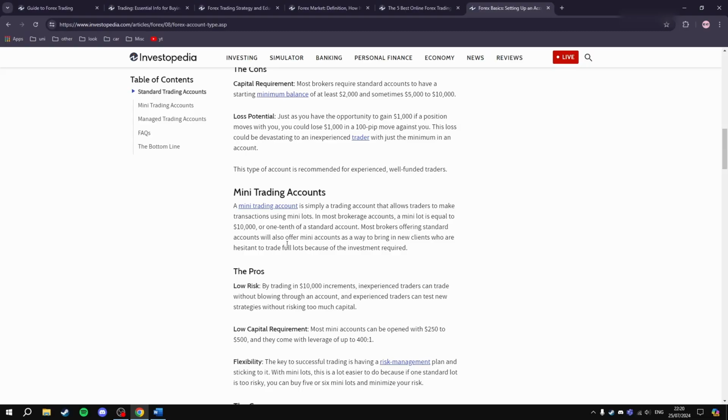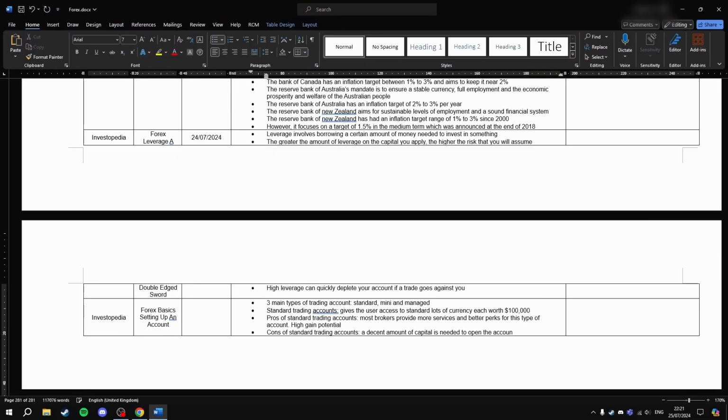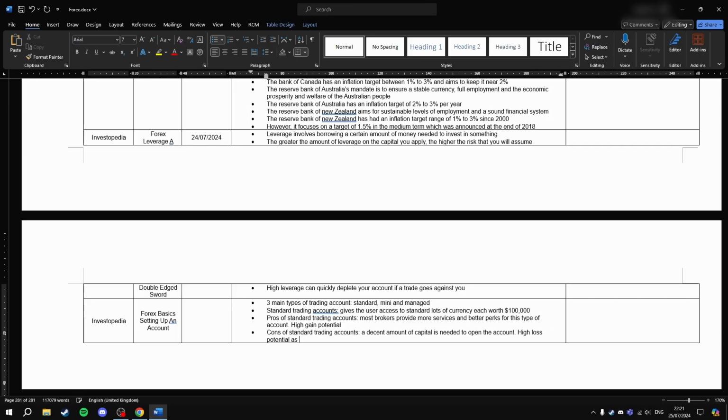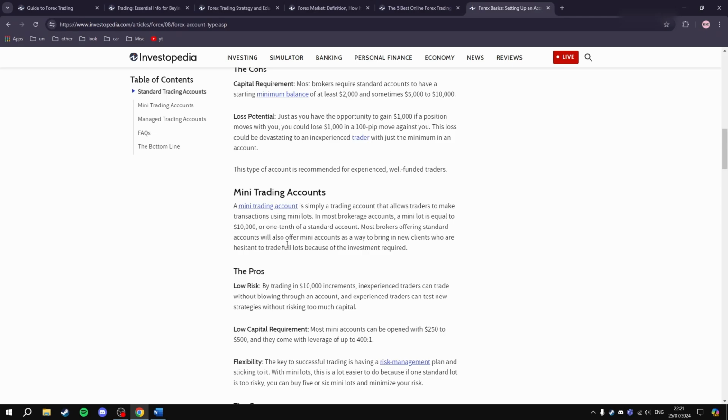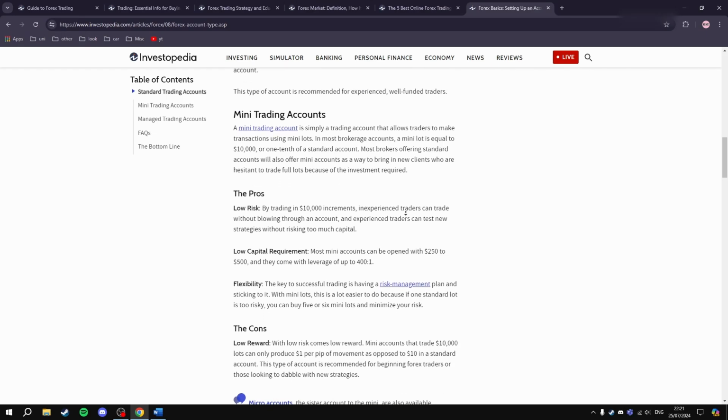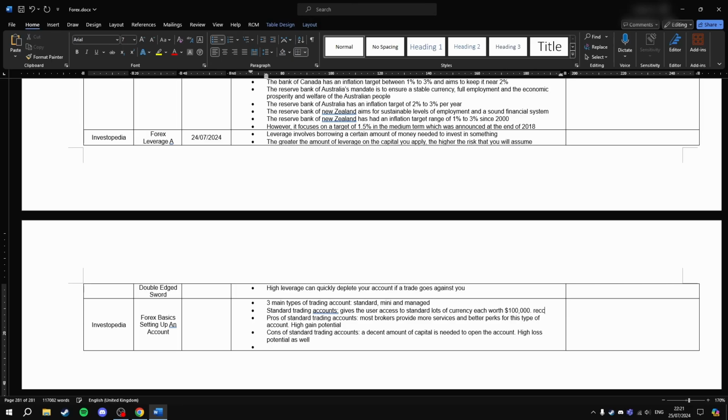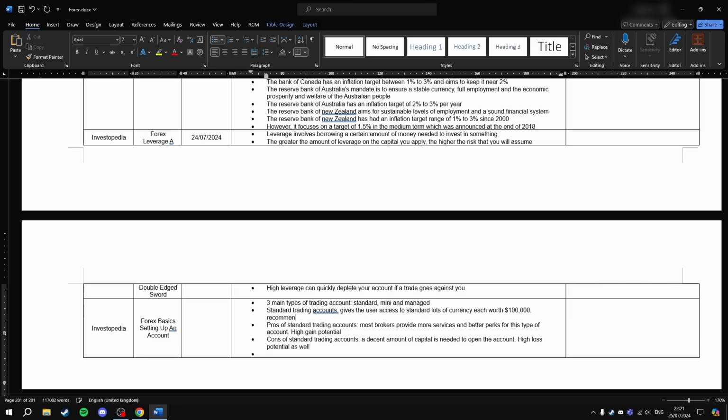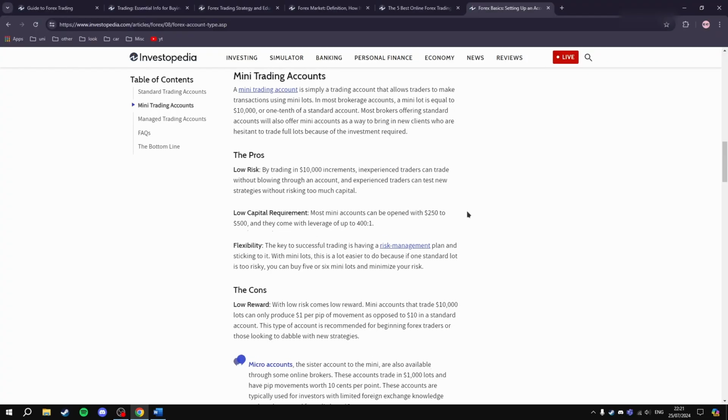Loss potential: high loss potential as well. This type of account is recommended for experienced, well-funded traders.